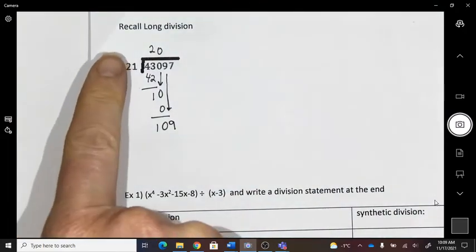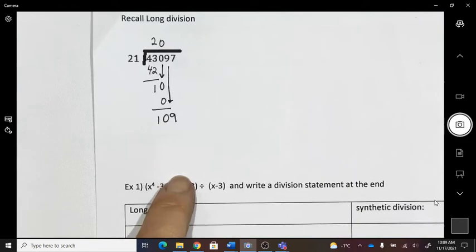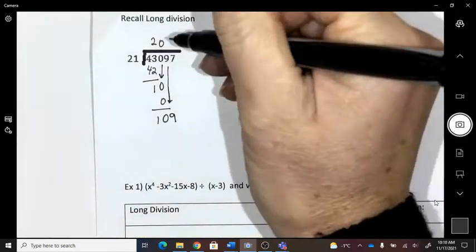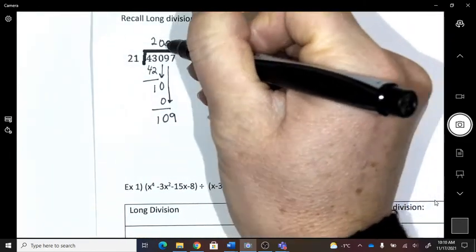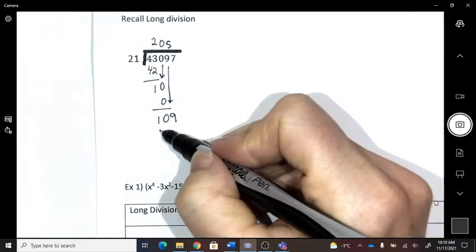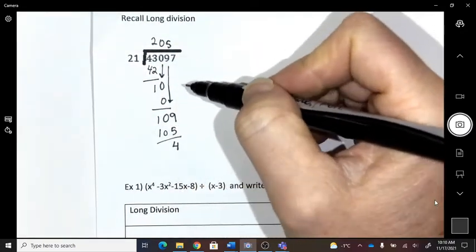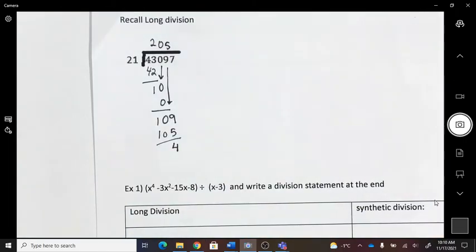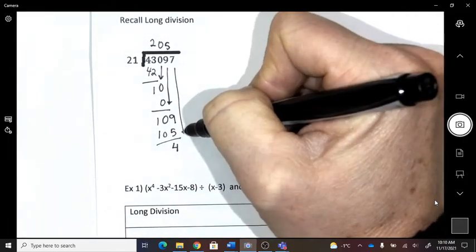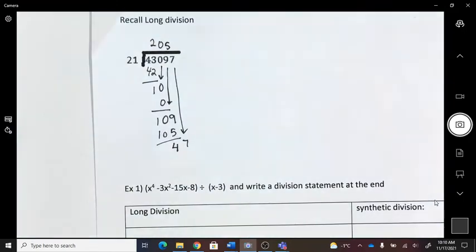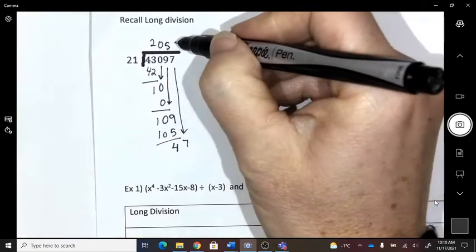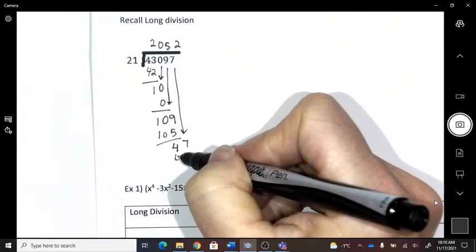How many times can you fit 21 into 109? 5. 5 times 21 is 105, leaving me with 4. Then I bring down the 7. How many times does 21 fit into 47? Twice. 42.